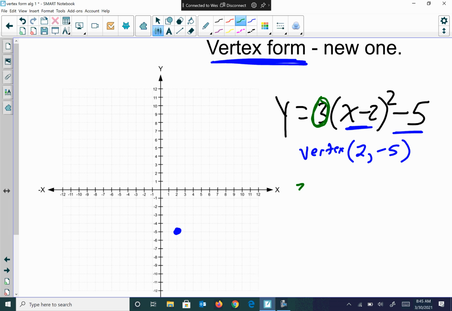My pattern graph is 3 times 1, 3, 5, which is going to give me 3, 9, 15. Ready? Right one up 3. Left one up 3. Ooh. Let's do one more. Let's go right one up 9.